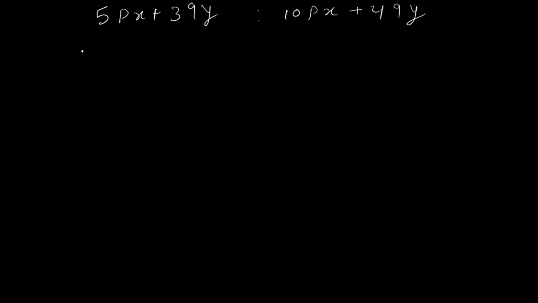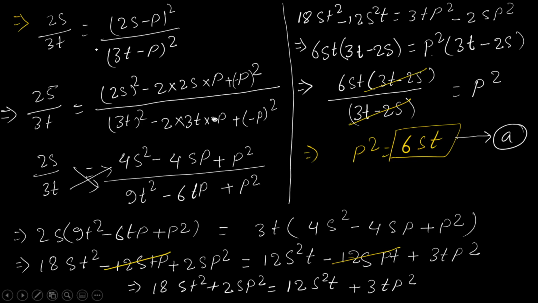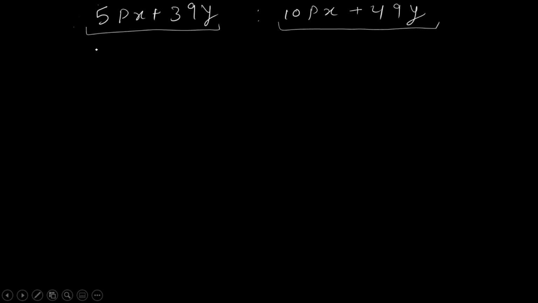This is correct. Okay. So let's use the values of p and x. I'm using the values of p and x in order to get both the sides in q and y, right?